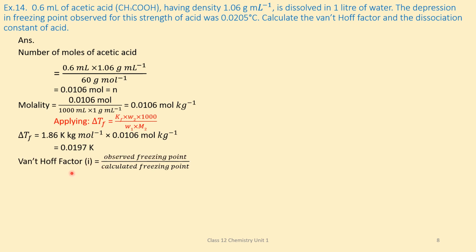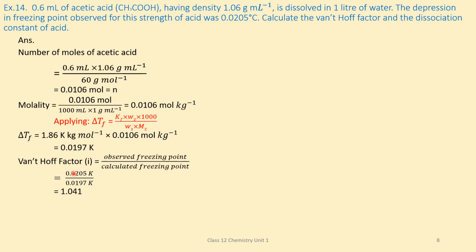So, Van 't Hoff factor i is given by observed freezing point depression divided by calculated freezing point depression, that is equal to 0.0205 Kelvin divided by 0.0197 Kelvin. That value is 1.041.